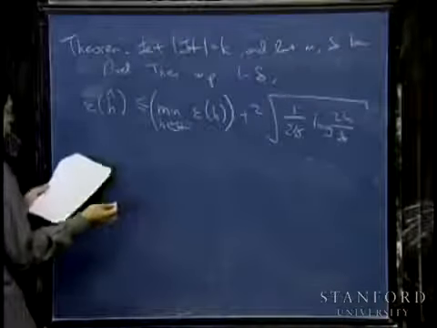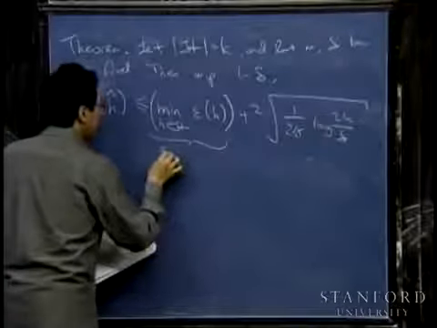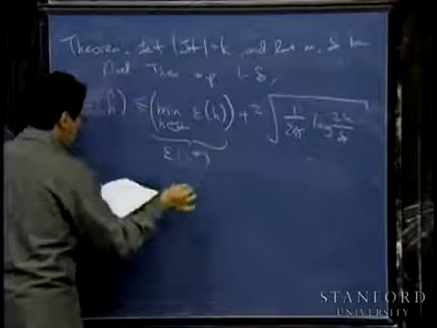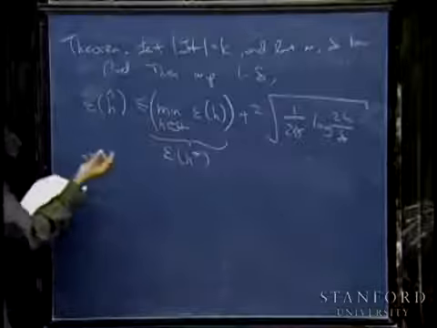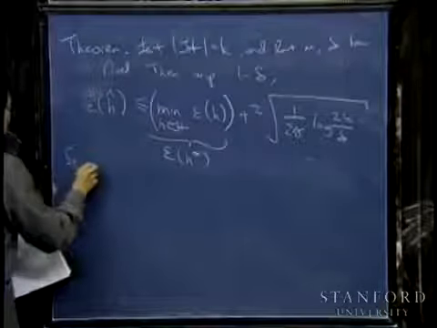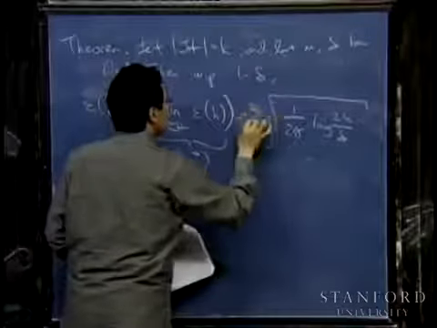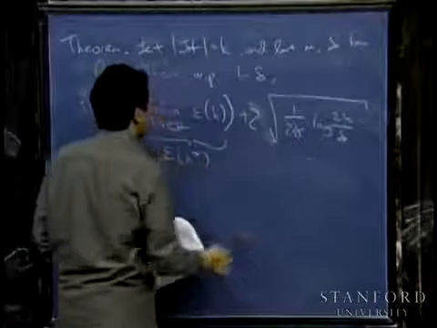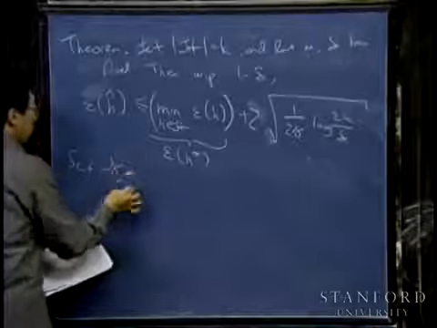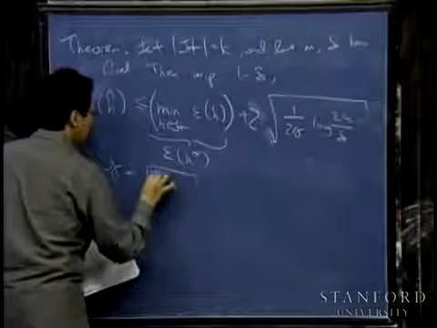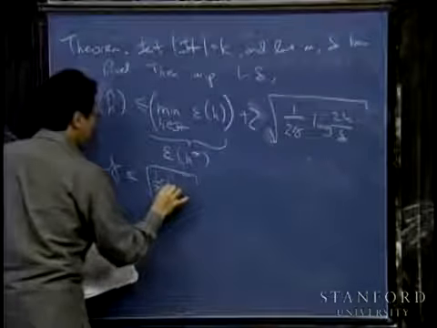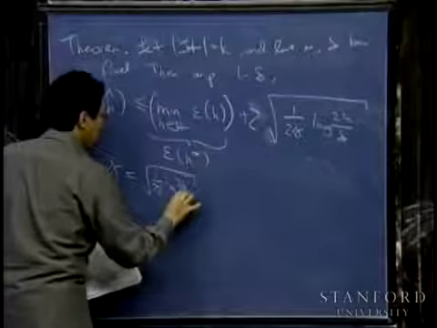To prove this, well, this term, of course, is just epsilon of H star. And to prove this theorem, we set gamma to equal that square root term.